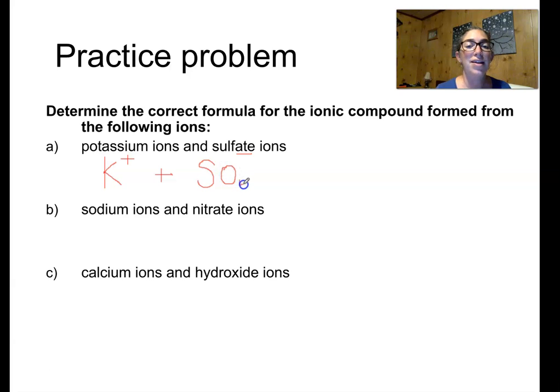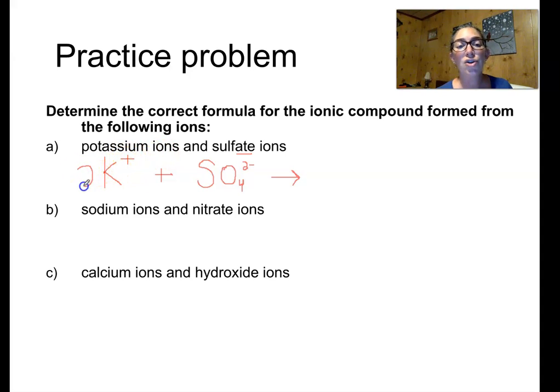All right, sulfate. The formula for sulfate is SO4 2-. So it's SO4 and has a 2- charge. All right, so we need to combine these. They do not have equal and opposite charges. Sulfate has a 2- charge. Potassium has a 1+ charge.